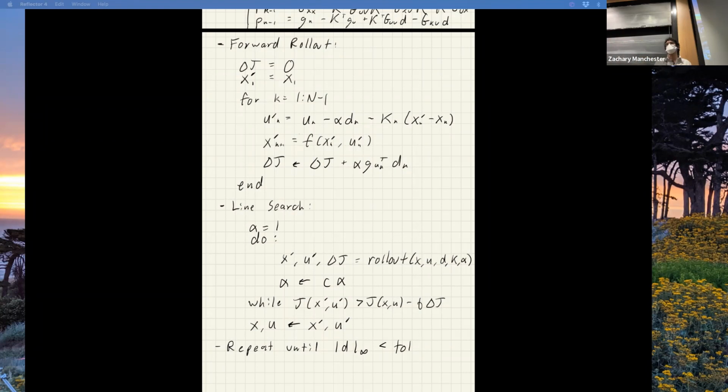So when those go to 0, it means you can't improve anymore by updating the controls, right? So basically go until that feed forward correction on the Us is small with respect to some tolerance. And then we call it good. And we say we're not really moving anymore. We must be close to the optimum, right?